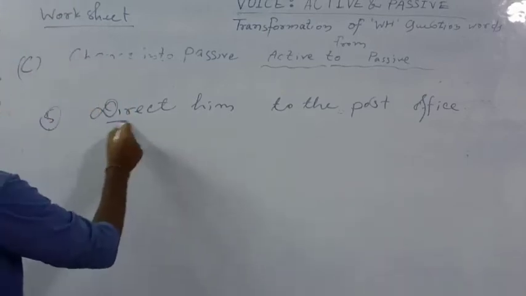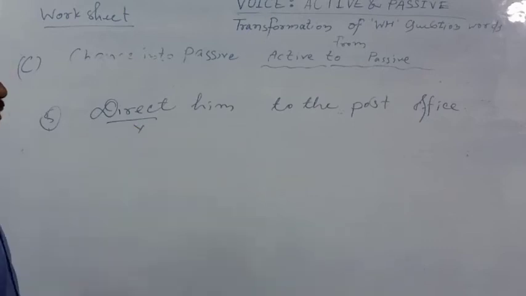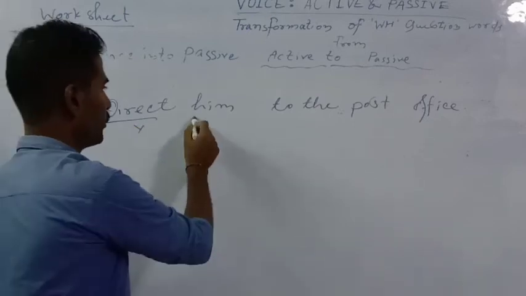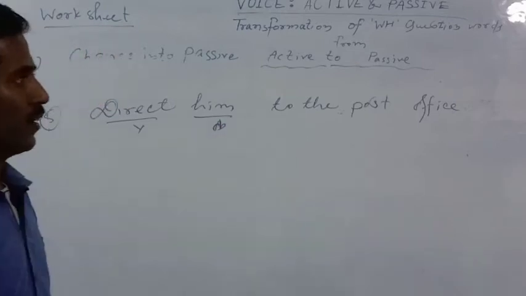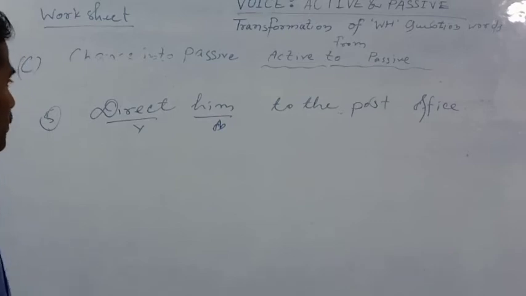So direct is the verb. To whom? To him. So him is the object, and the subject you is hidden.